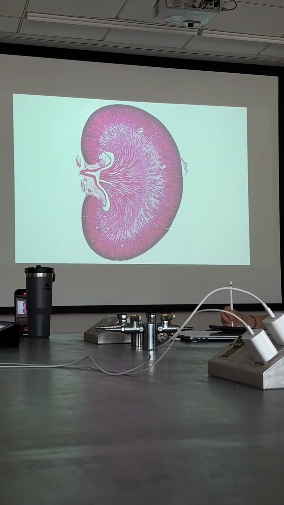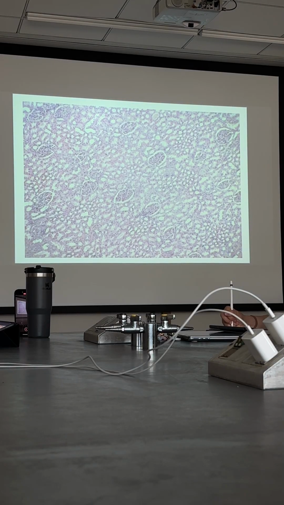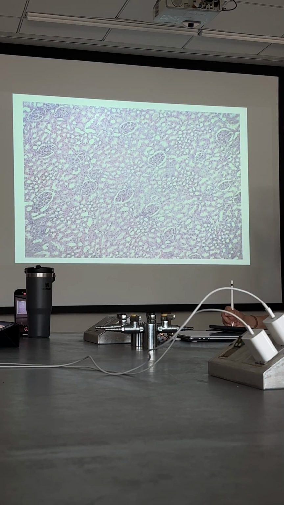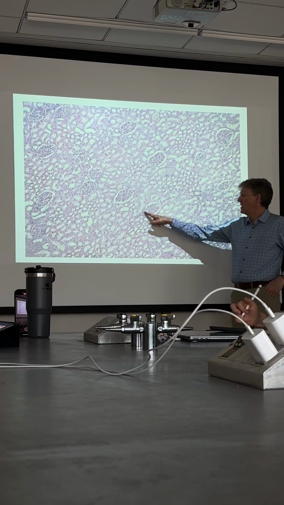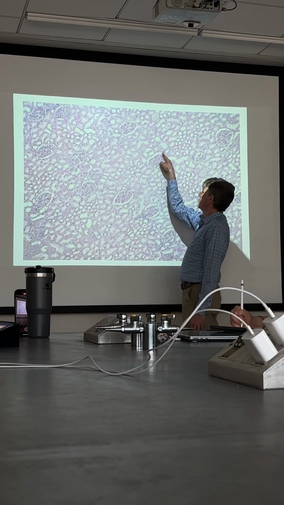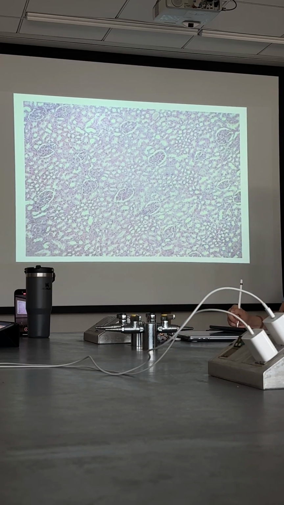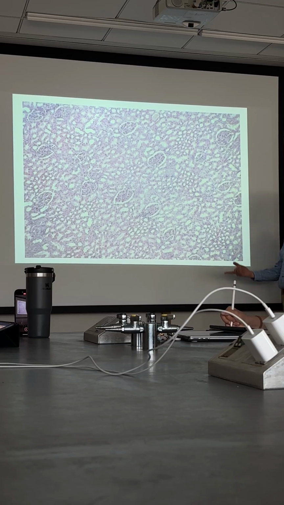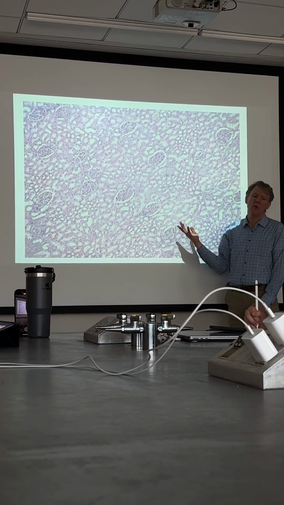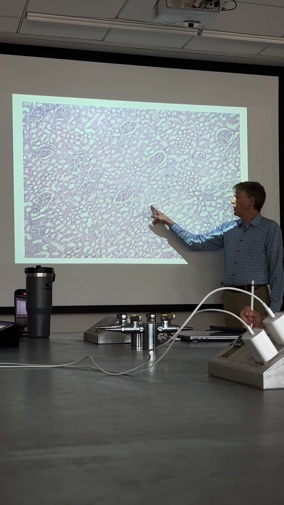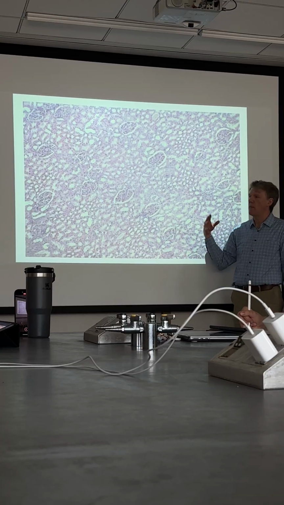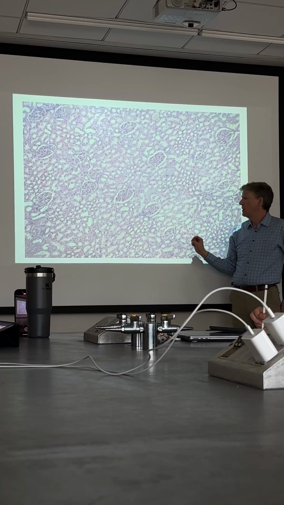If you do a super close-up of just the cortex, you'll see something like this. All of these little things here are renal corpuscles sitting in the cortex. If I were to circle the whole thing, it would be a renal corpuscle. If I just circled the stuff on the inside, then you should say glomerulus or glomerular capillaries.